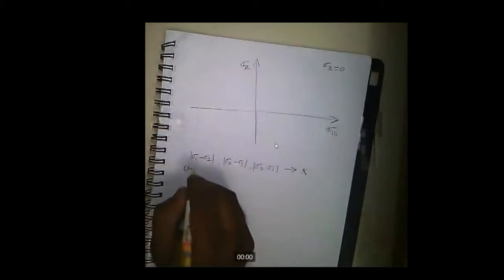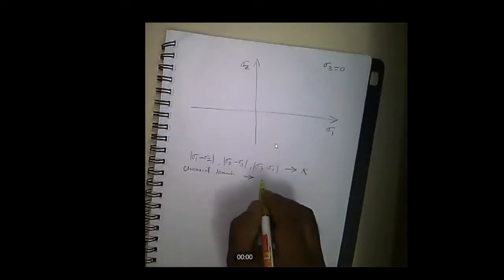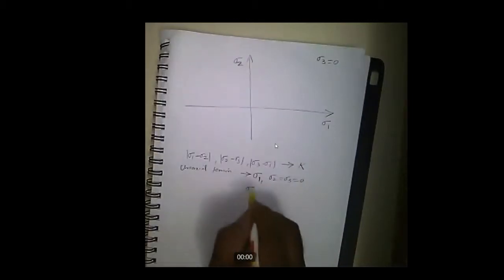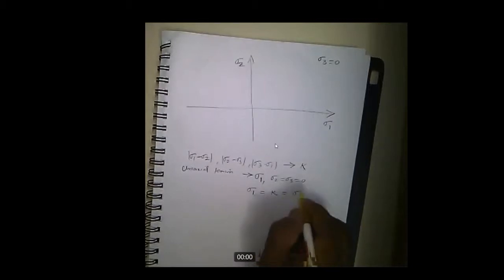The first thing that I do here is, supposing it is uniaxial tension, if it is sigma 1 and sigma 2 equal to sigma 3 equal to 0, then sigma 1 is equal to K. And this will be the yield value.